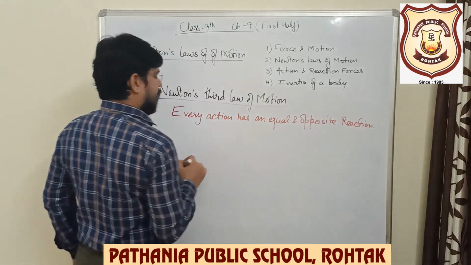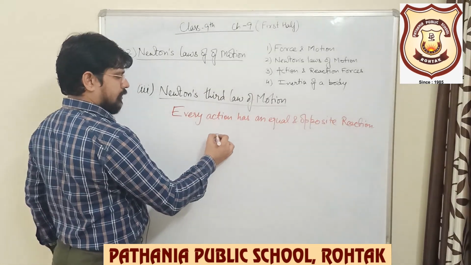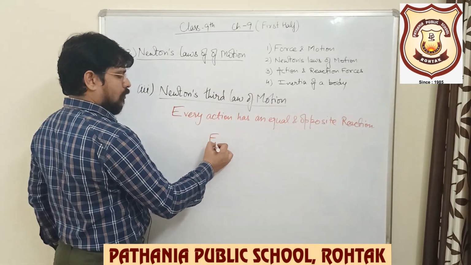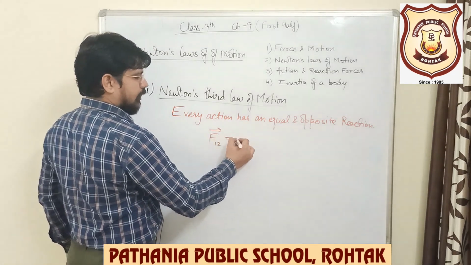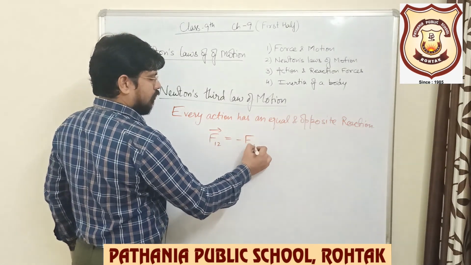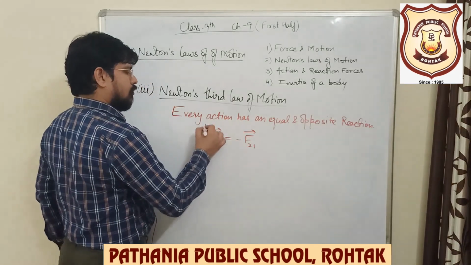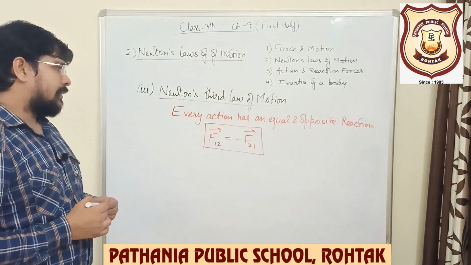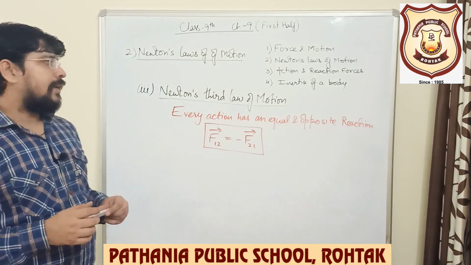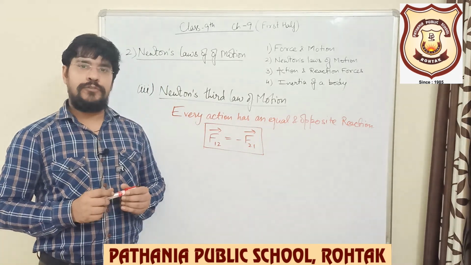So very simple definition, and it says that the force on one object due to a second object is exactly equal and opposite to the force on the second object due to the first object. So you can write Newton's third law of motion in equation form like this, and there are so many examples of Newton's third law of motion.